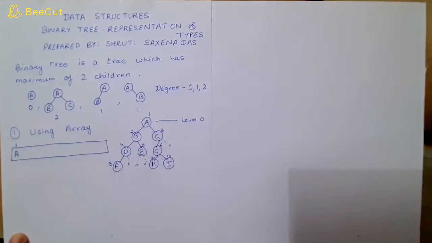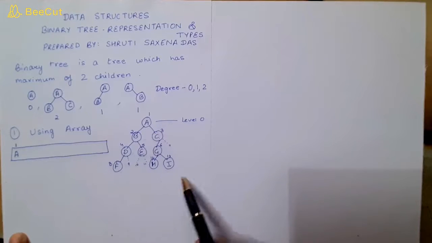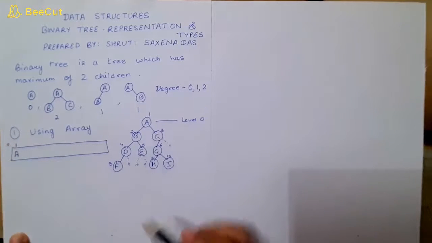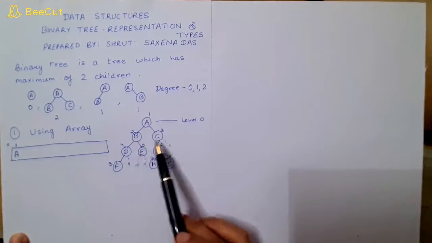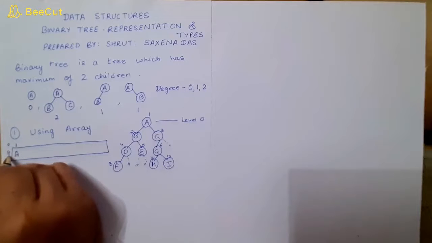When you are representing a binary tree using an array, the 0th index can be used to save the total number of nodes. So at 0 you can store how many nodes there are: 1, 2, 3, 4, 5, 6, 7, 8, 9. So at 0 you can write 9.